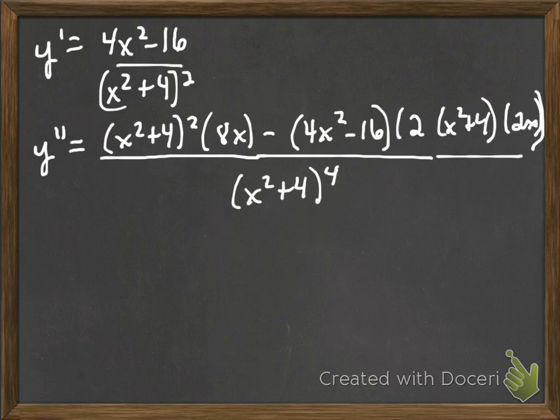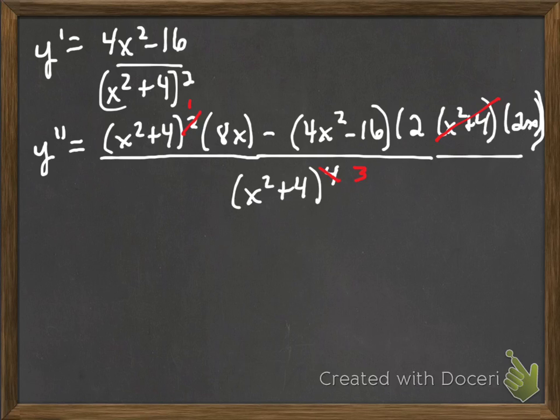Now this is the key right here. If you can simplify right here, you can save a little algebra error. You can take an x squared plus 4 out of everything. So that becomes 3, that cancels out, that becomes 1.